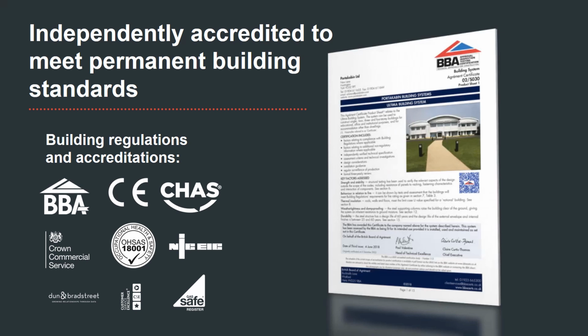To offer complete quality assurance, one modular construction company has even received independent accreditation from leading standards authorities from across the UK and the world, as well as a 5-year product warranty and a 30-year structural warranty. For more information on modular building regulation compliance, please refer to the comprehensive BBA certification handout provided.